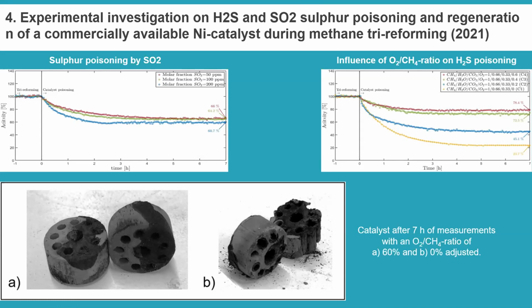With an oxygen methane ratio of 0%, shown in figure B, the catalyst was fully covered with coke deposit and sulfur compound. Moreover, parts of the catalyst were broken off, and the surface of the catalyst had a pronounced appearance. By contrast, for the catalyst shown in figure A with an oxygen methane ratio of 60%, only small changes in the appearance compared to the initial state were observed, and these were mostly at the contact point of the catalyst. Black areas on the contact point indicate slight formation of carbon or sulfur compound.